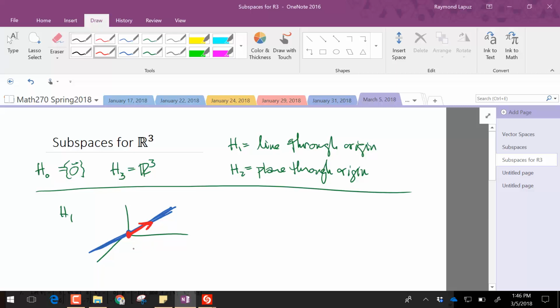So what does that mean when I say this vector v times a scalar? I guess it might be better if we talk about a plane. Let's talk about H2 real quick, and then we'll come back to this. No, it has to be a number. I mean, yes, but it has to be just a number, right?